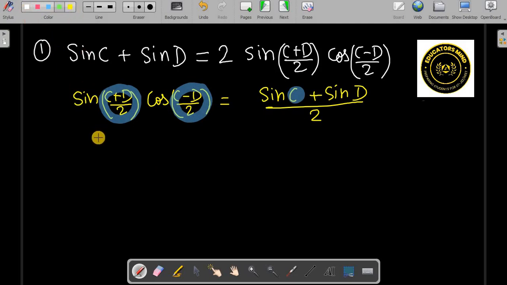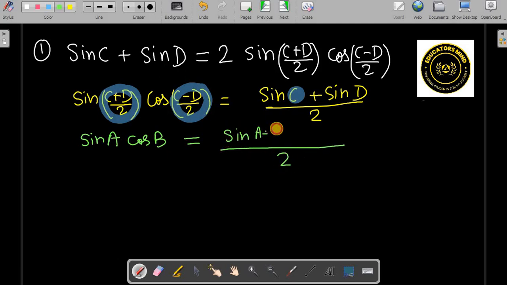For example, you may write this as sine A into cos B. So this can also be written as sine (A plus B) plus sine, and D you will get when you subtract them, so this will be A minus B.